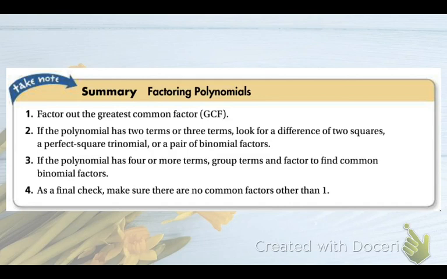When we've had 4 or more terms, we have today specifically looked at grouping terms and finding those common binomial factors to factor in that way. And as a final check, it is always good to think about that factoring completely idea where we make sure that there's no other factor than 1. So we just kind of want to have these things in our mind here as we wrap up factoring polynomials.